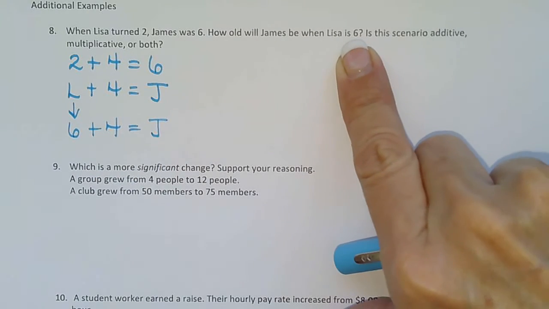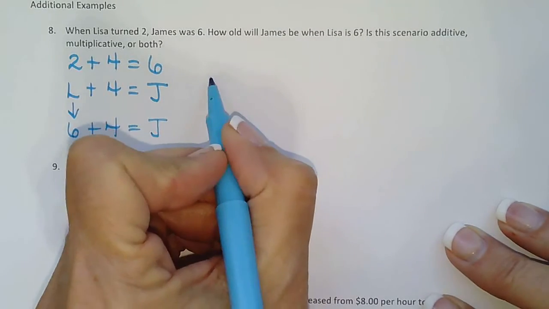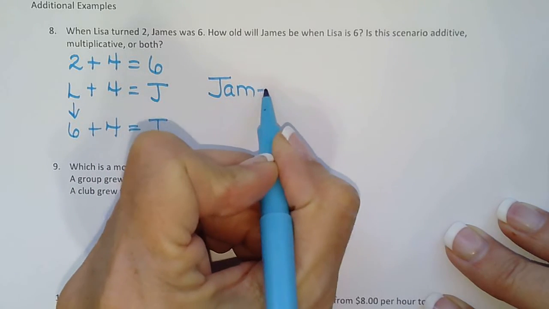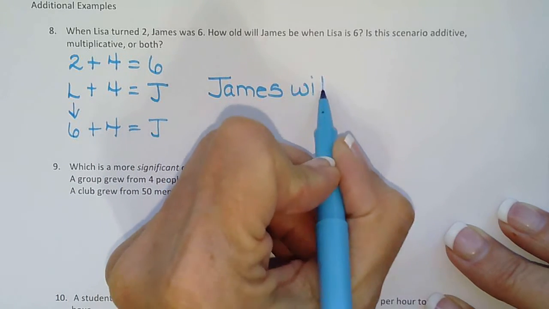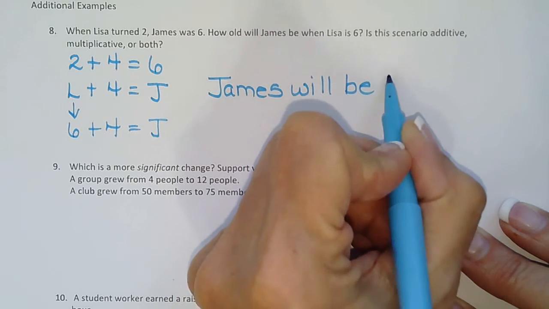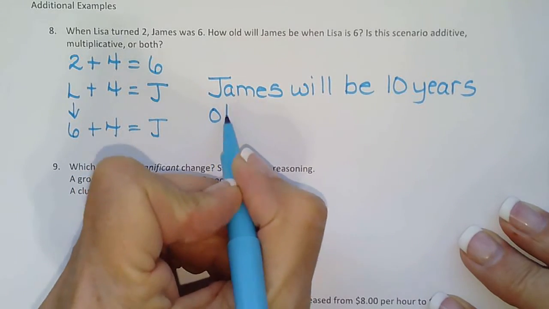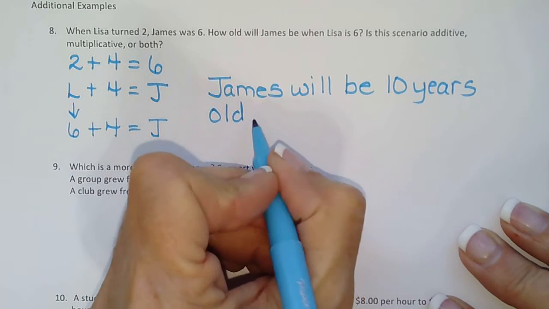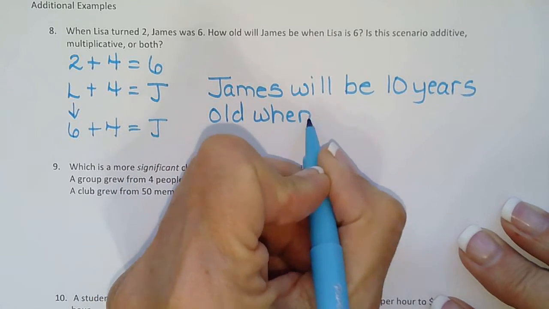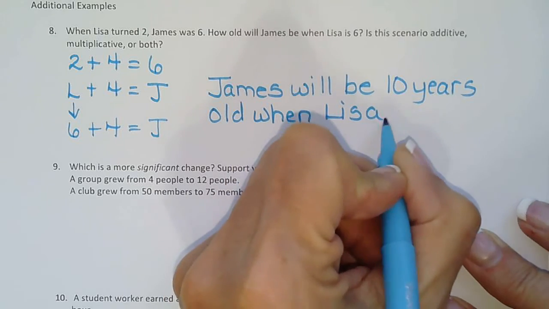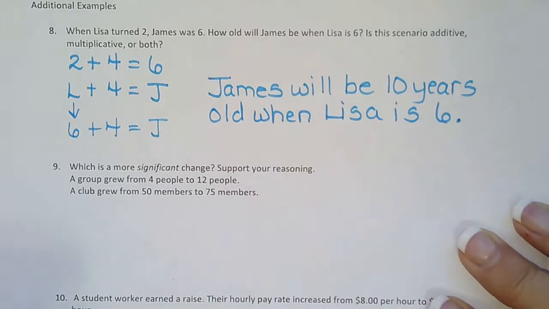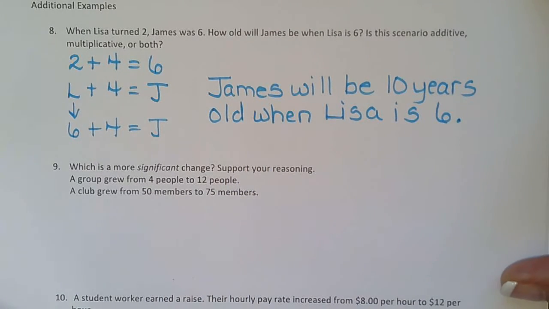So does everybody agree James will be 10 years old when Lisa is 6? James will always be 4 years older than Lisa. He won't always be 3 times older than Lisa, but he'll always be 4 years older than Lisa.